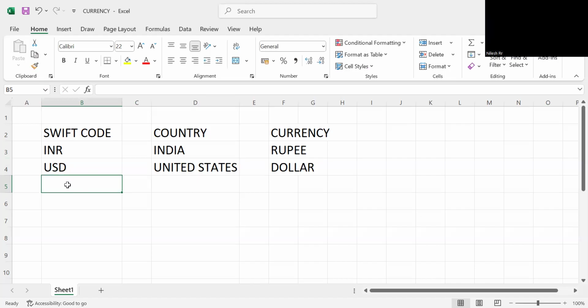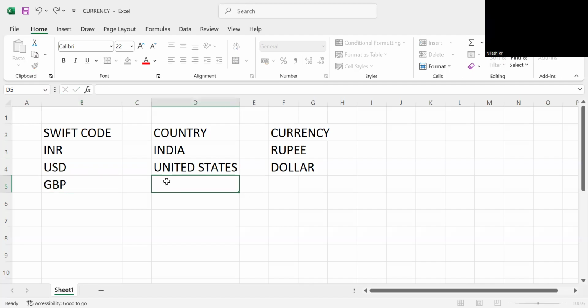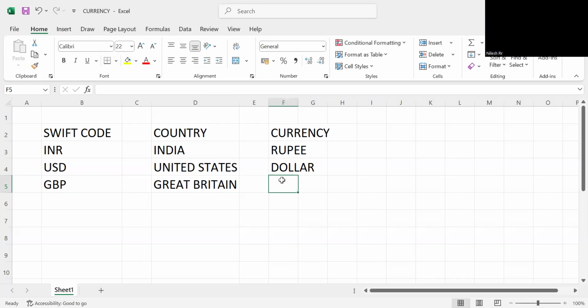The same way, one more very important currency is called GBP. It's from Great Britain, Great Britain pound. In India, it is right now around 100 plus, and the United States dollar is around 86 right now.